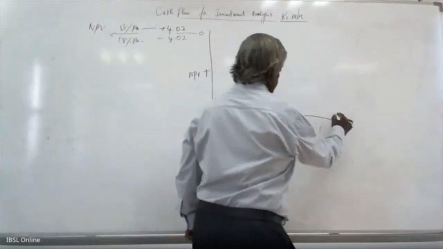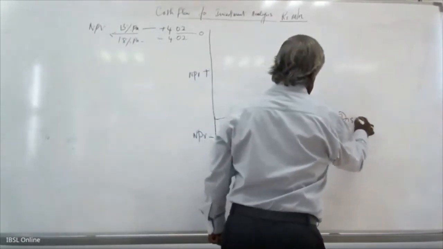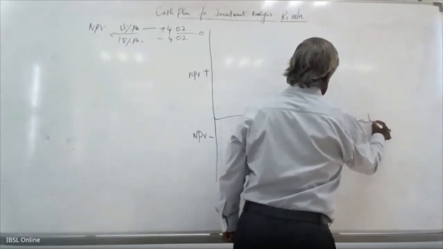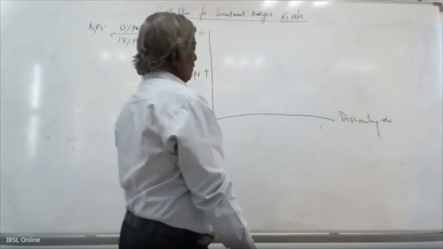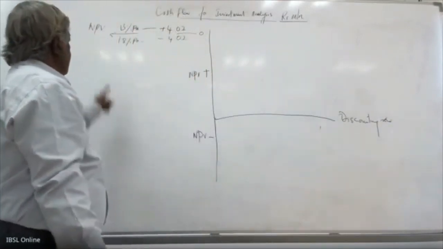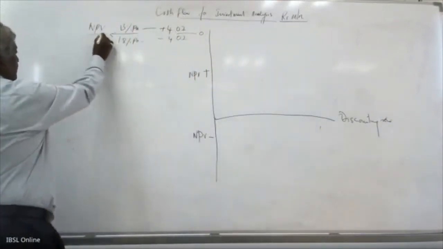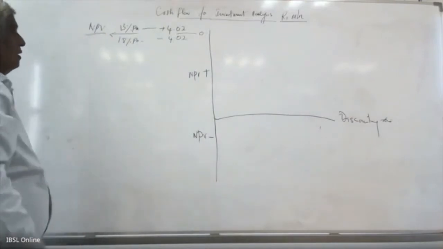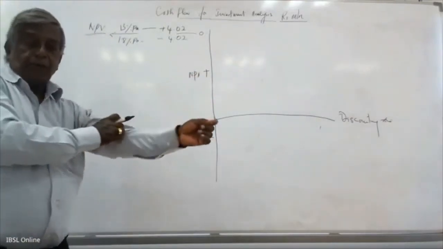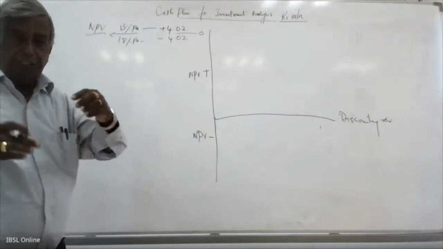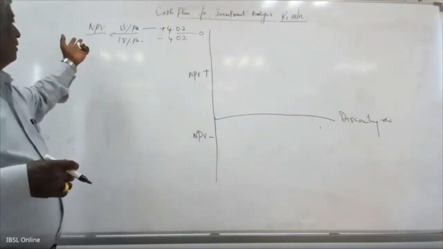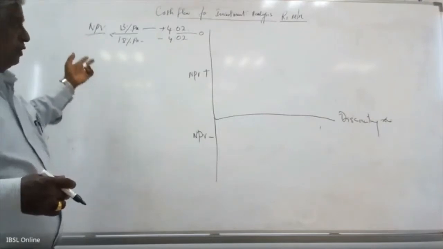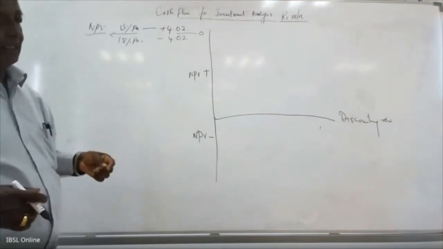This axis is the discounting rate. We calculate the NPV for various interest rates. When you calculate the NPV for various interest rates, you will get various NPV values, so you plot them in the graph.